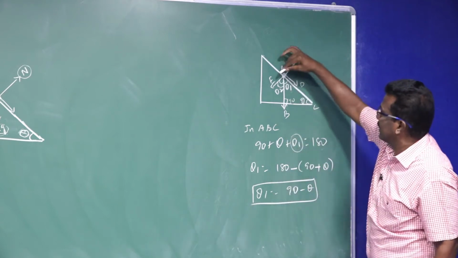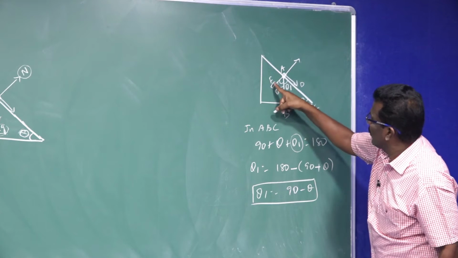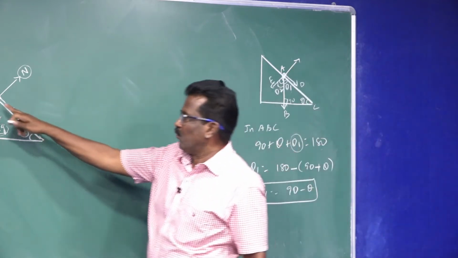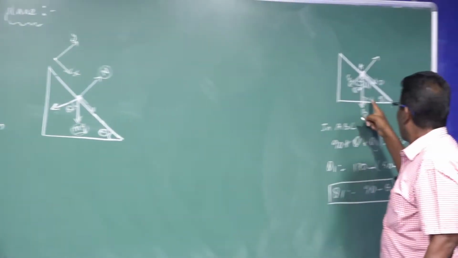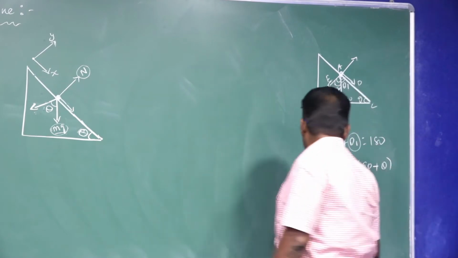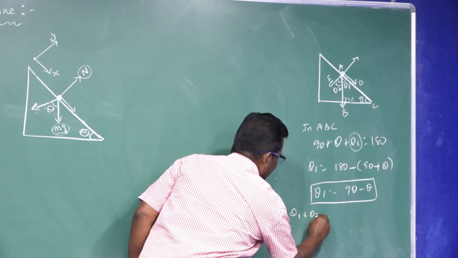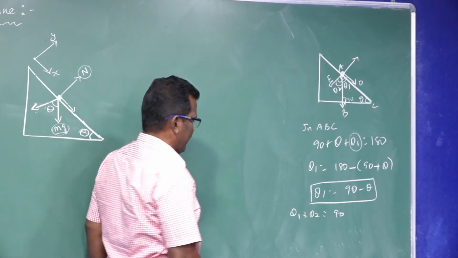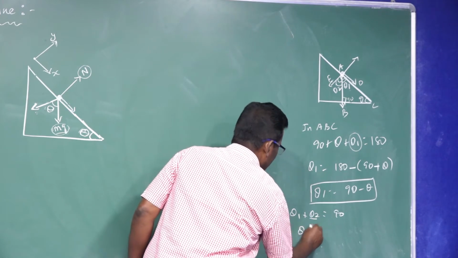In this case, this is D, this is E. So E and D are perpendicular to one another because the two forces are acting perpendicular to one another. So theta 1 plus theta 2 is equal to 90 degrees.